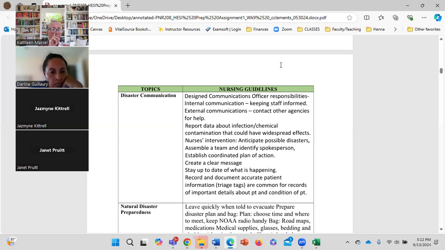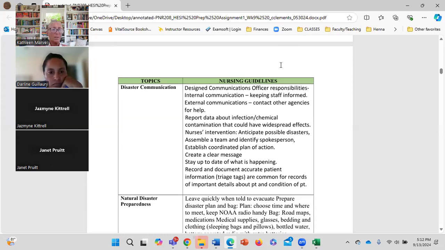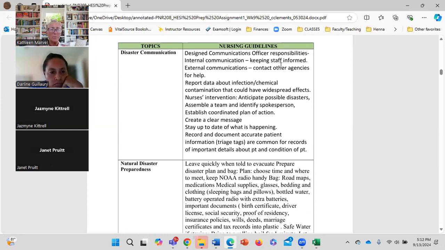So be thinking CJ Sim, clinical judgment simulation. If you're in a disaster, what does communication look like in the community? What are the responsibilities? Why do we have mass casualty drills? To look at community responses, what can be done better?